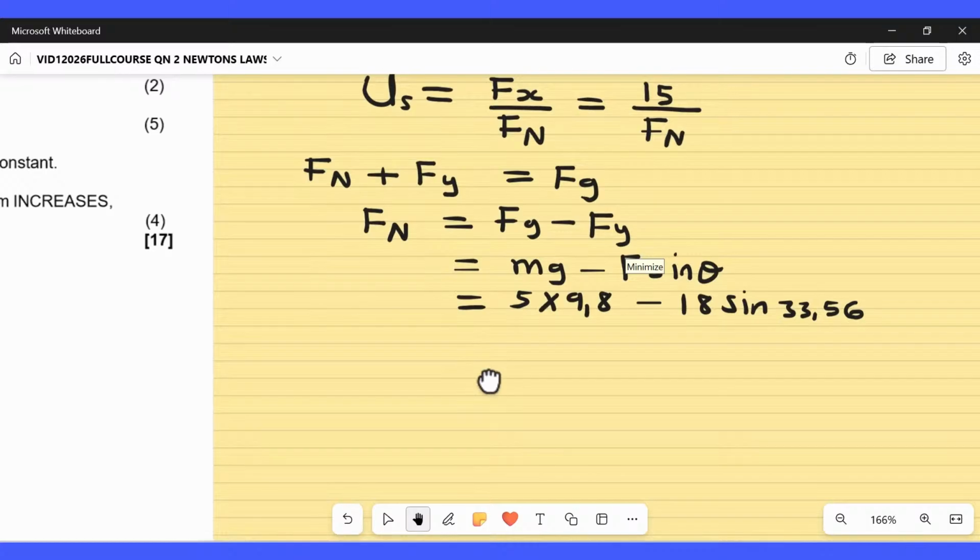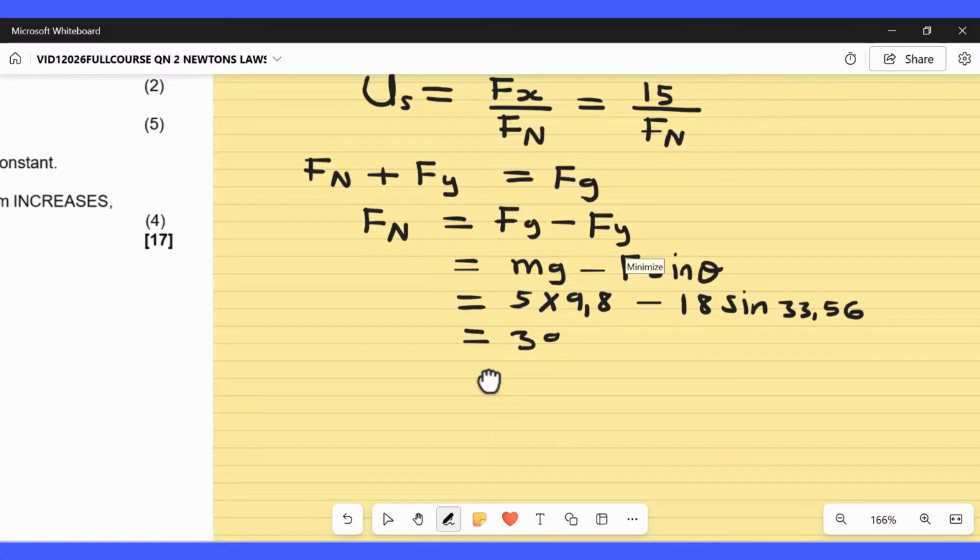So if I can say this is equation 1 here, from equation 1, my coefficient of static frictional force equals 15 divided by 39,05.